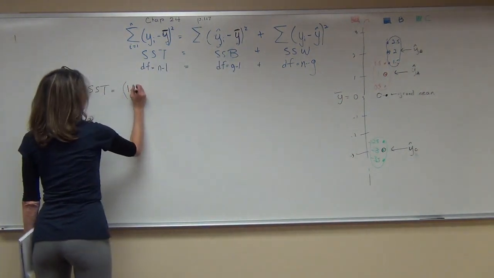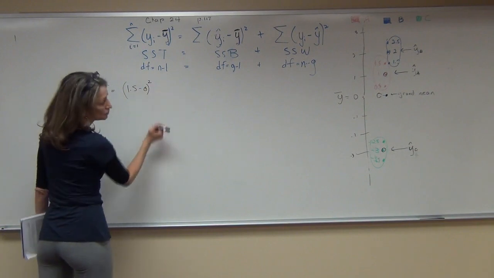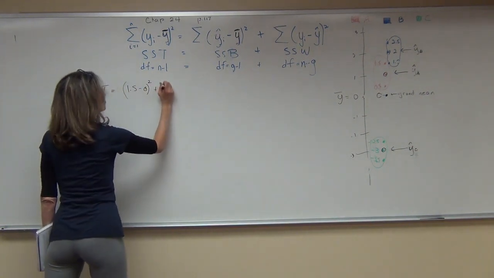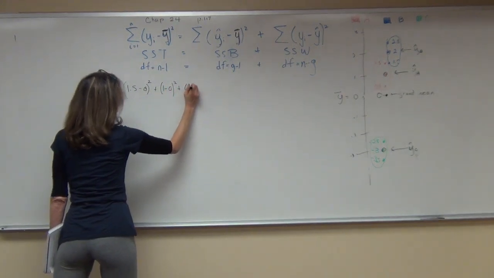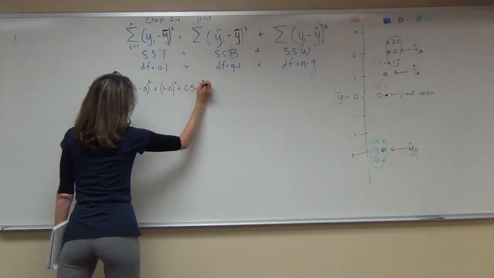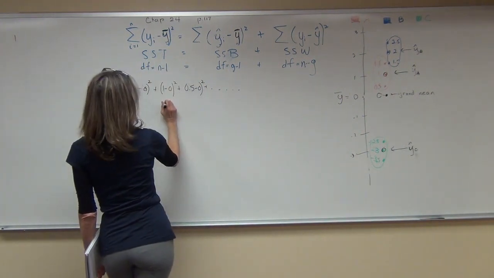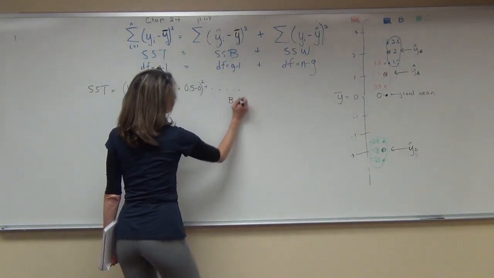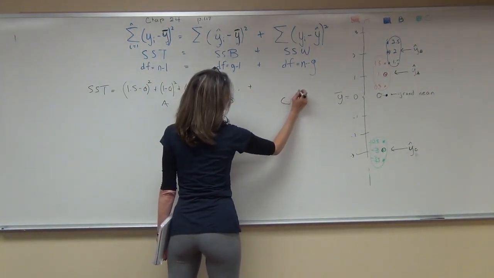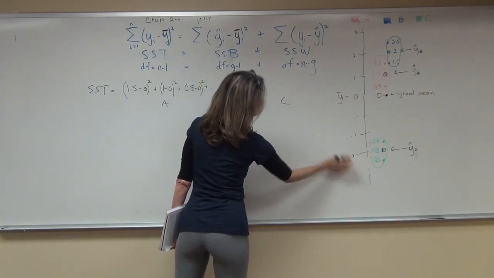I'm doing group A first: 1.5 minus 0 squared, plus 1 minus 0 squared, plus 0.5 minus 0 squared. You can do the same for the 3 in group B, and the same for the 3 in group C.